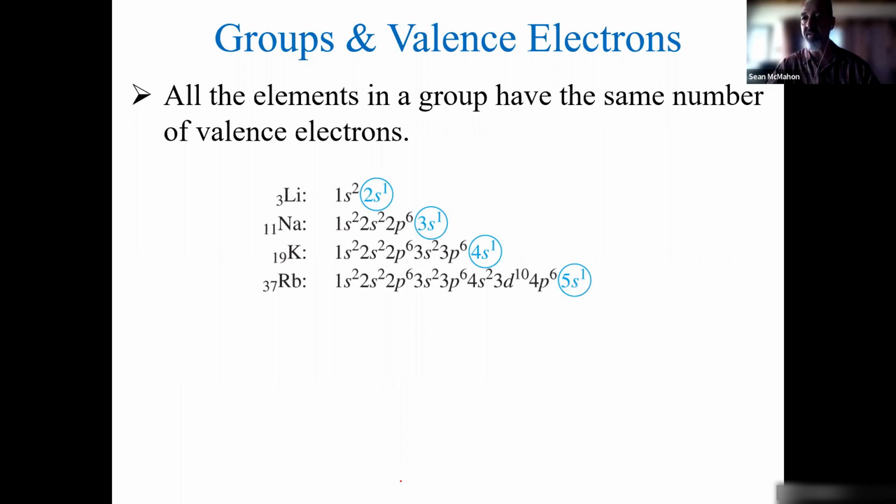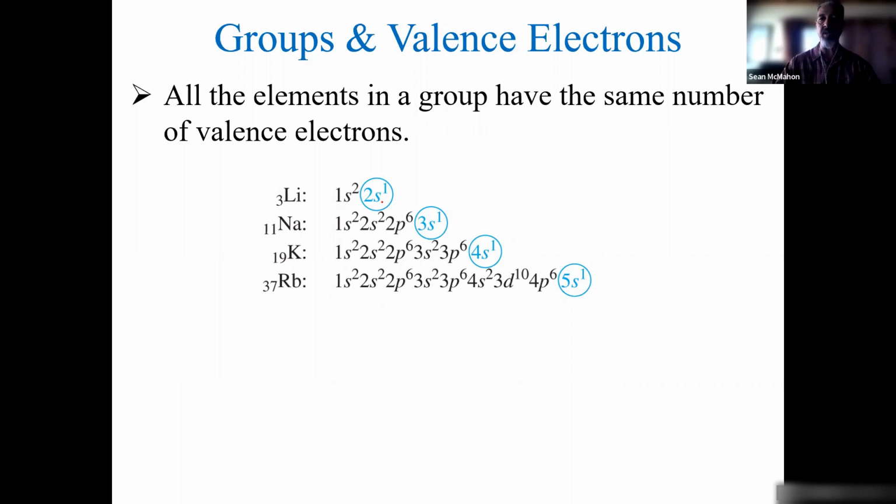Well, what do we know about lithium? Its electron configuration is 2s1. What does that mean? In the second energy level, there's one valence electron. It's in an S sublevel, and there's only one. If I go down another period to the third row, well, sodium, third energy level, it's in the S block, and there's only one 3s electron.